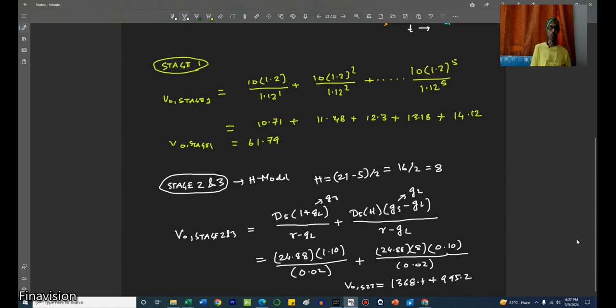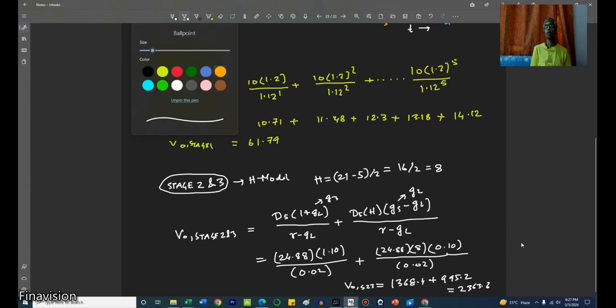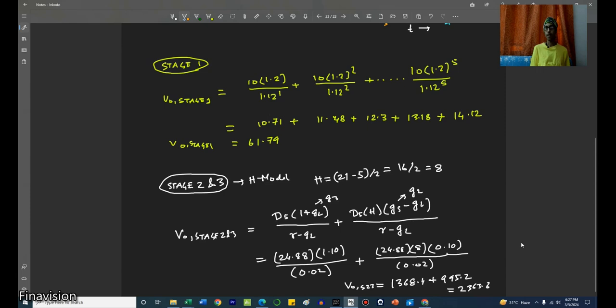This value will come to 2363.6. And if you add stage 1 and stage 2 and 3 together, then V123 is equal to 2363.6 plus 61.79.